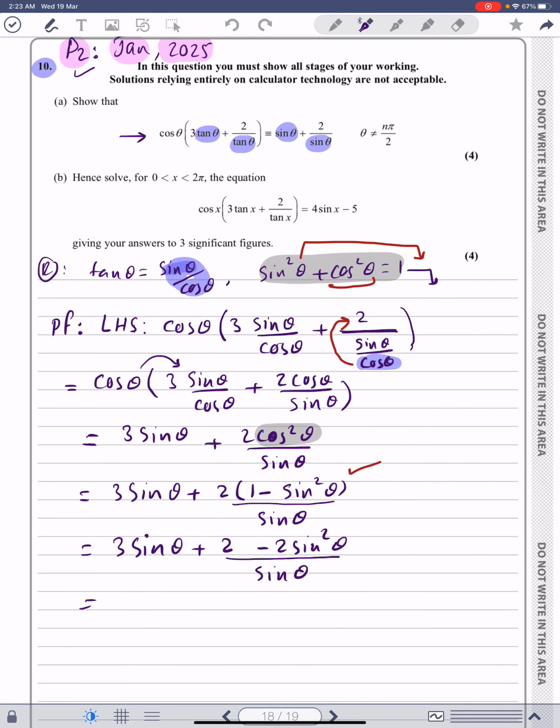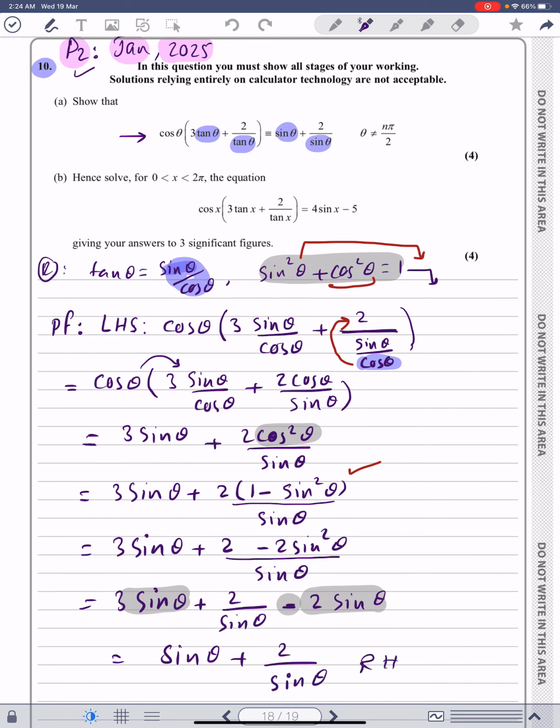Getting 3 sine theta plus 2 over sine theta, and simplifying the last term, 2 sine squared over sine, which is 2 sine theta. So 3 sine theta minus 2 sine theta are like terms giving sine theta plus 2 over sine theta, which is the right hand side.